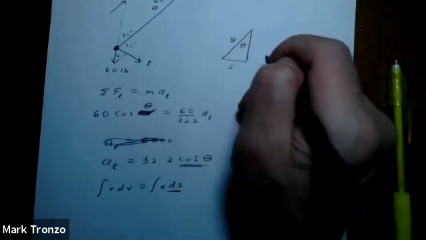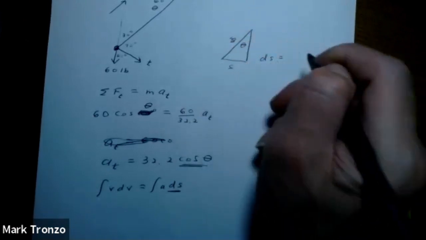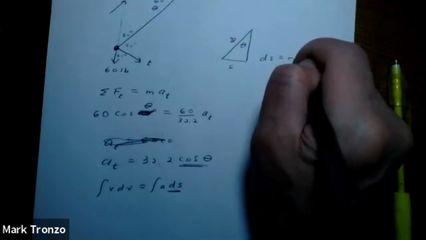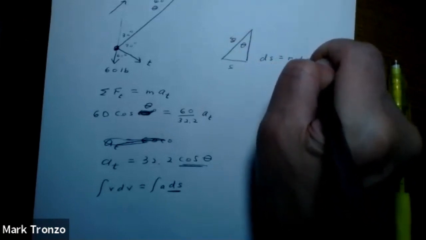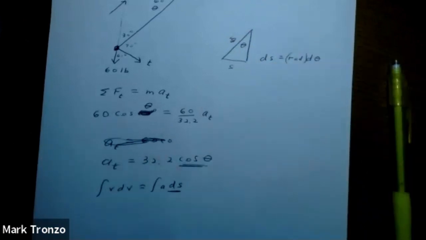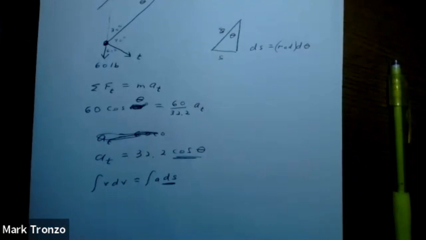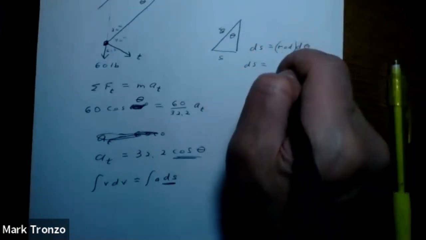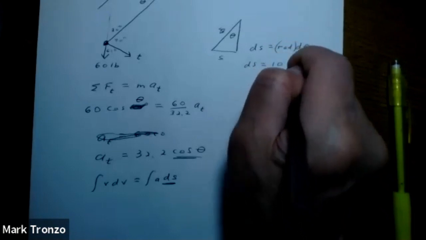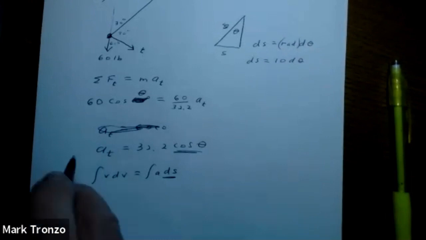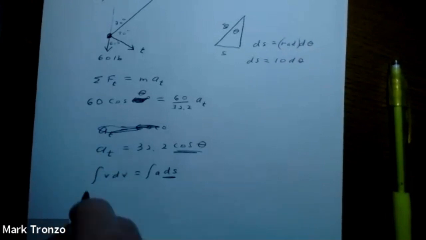So if this is S, the change in S is going to be equal to the radius times d theta. So you could say ds is going to be equal to, in this case, our radius is 10, d theta, like this. So we'll have to substitute.